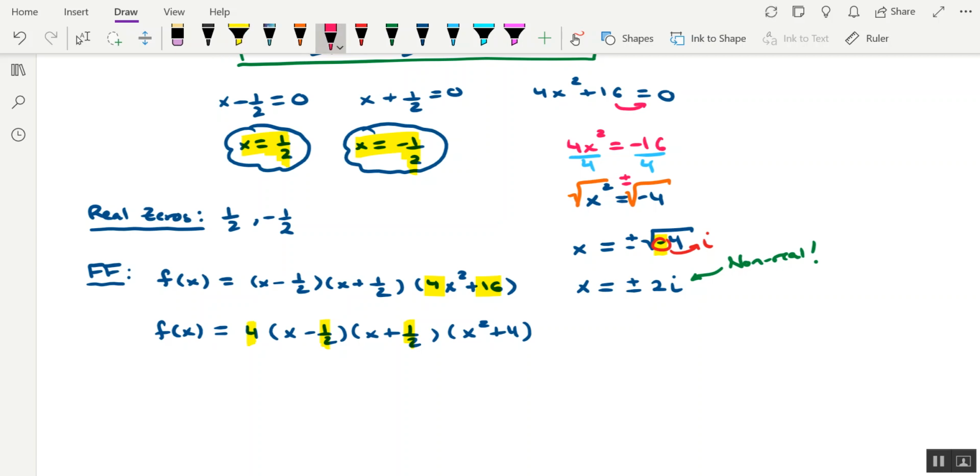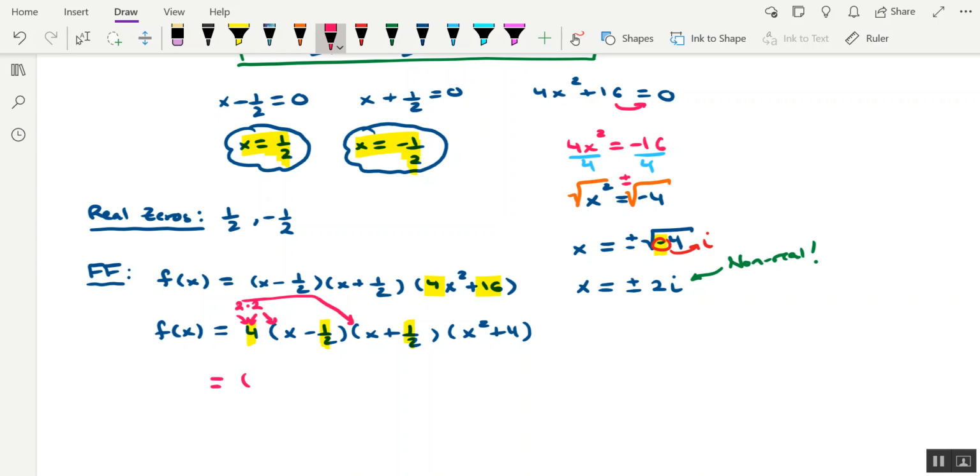Now, 4 is the same as 2 times 2. And so what you could do is distribute one of the 2's to the first factor and the other 2 to the second factor. And in doing so, you clear the denominators, but you get coefficients in front of x. And long story short, here's what I mean.